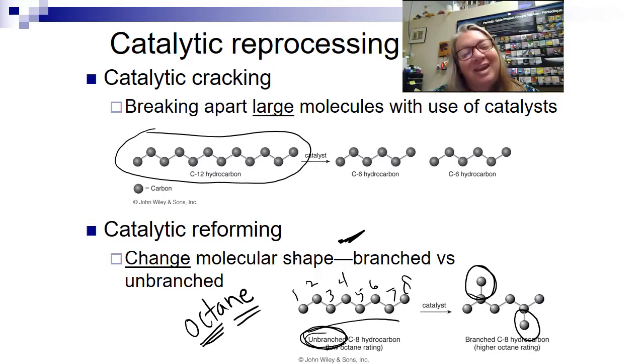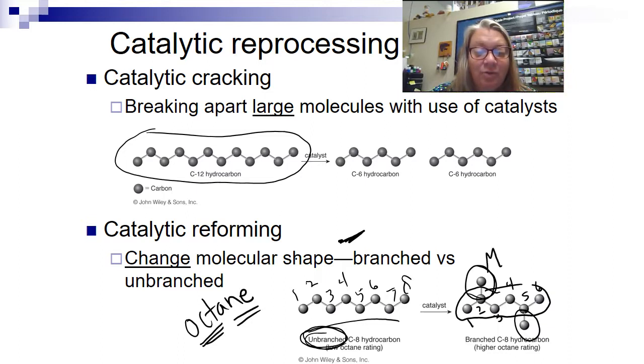Now, if we look at the second structure, we're going to look at the longest chain. So there's the longest chain. We have 1, 2, 3, 4, 5, 6. It doesn't matter if you number left to right or right to left. The second carbon will always have the side chain. On the side chains, there's one carbon, that's a methyl group.